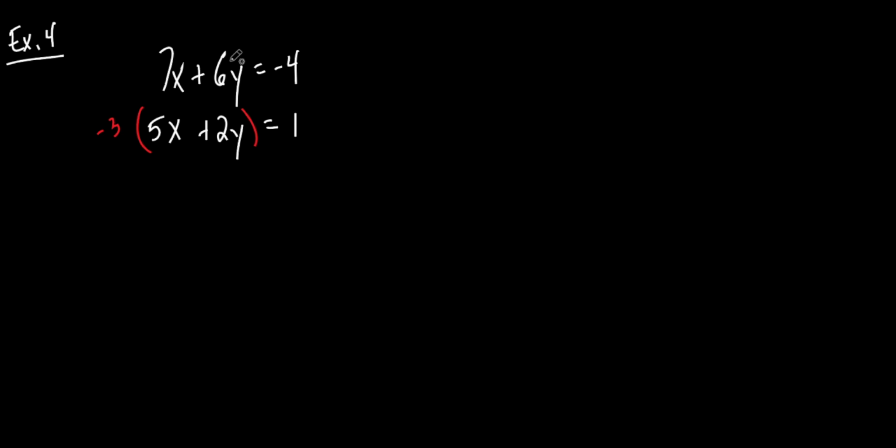Then, on the next step, the 6y and the minus 6y will cancel out. Does that make sense? So how do I make this a negative 6y? I multiply by a negative 3. I can't just multiply this by a negative 3. I have to multiply the whole left side by a negative 3, and what else? The right side by a negative 3. Make sense?